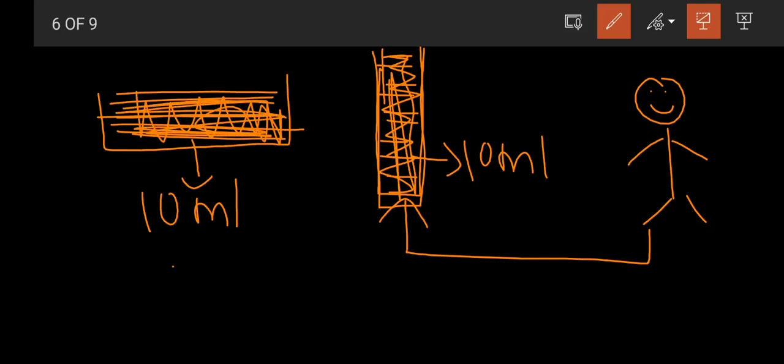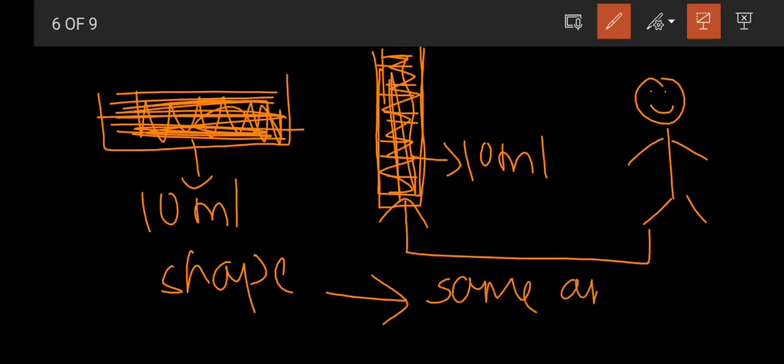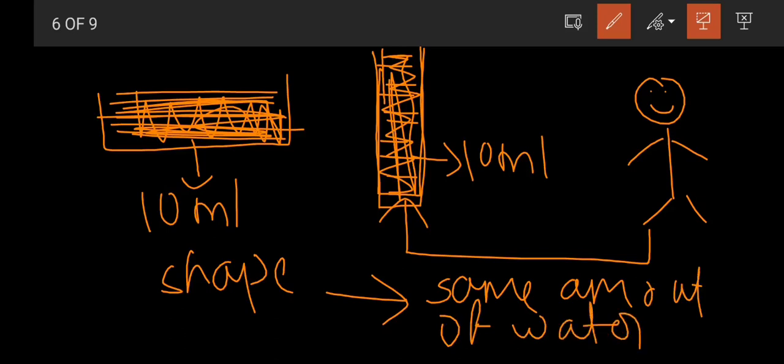The child is not able to recognize that regardless of the shape, the containers may contain the same amount of water. The child can't understand that this one is wide and this one is long, but they can contain the same amount of water.